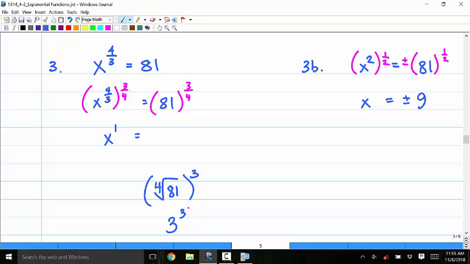So 3 to the fourth is 81, and so the fourth root of 81 is 3. Okay, so you found the fourth root of 81. Now you want to cube it. And so 3 cubed is 27.